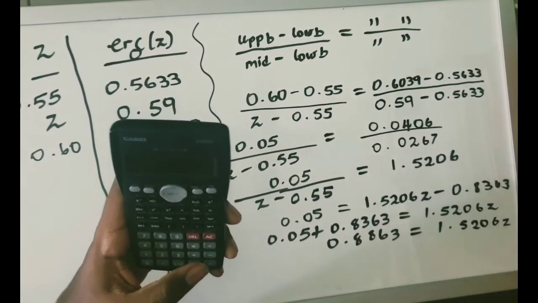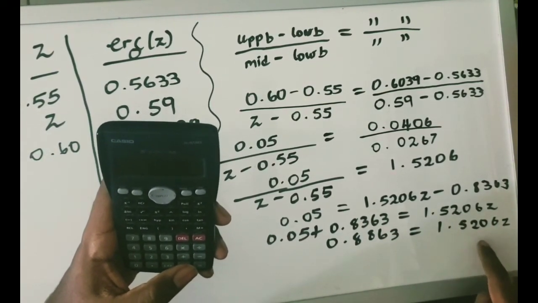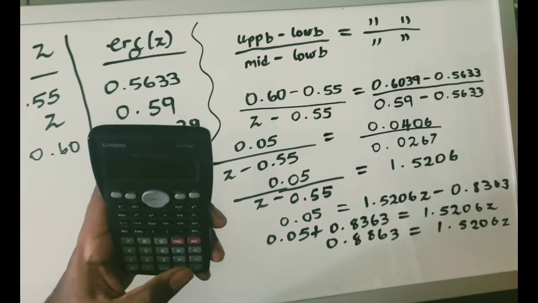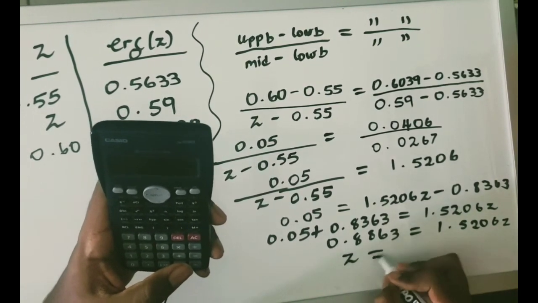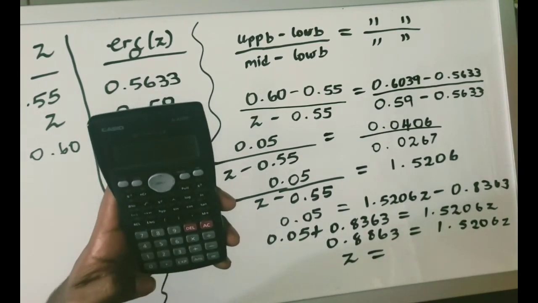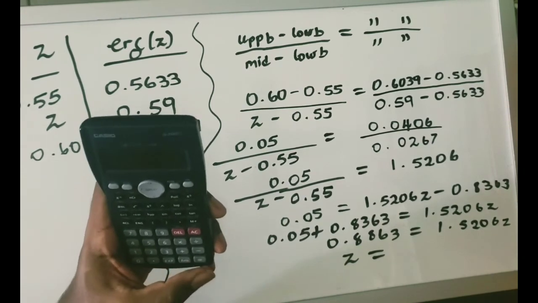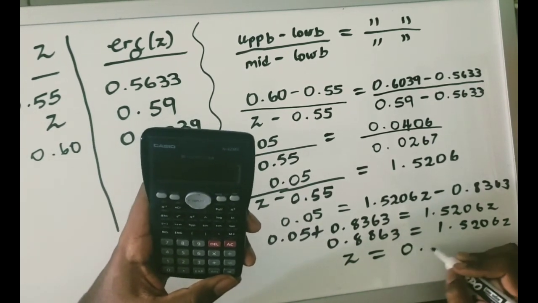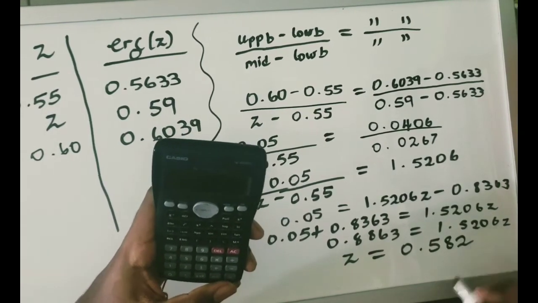And then we divide both sides by 1.5206. This will give us z equals 0.582.